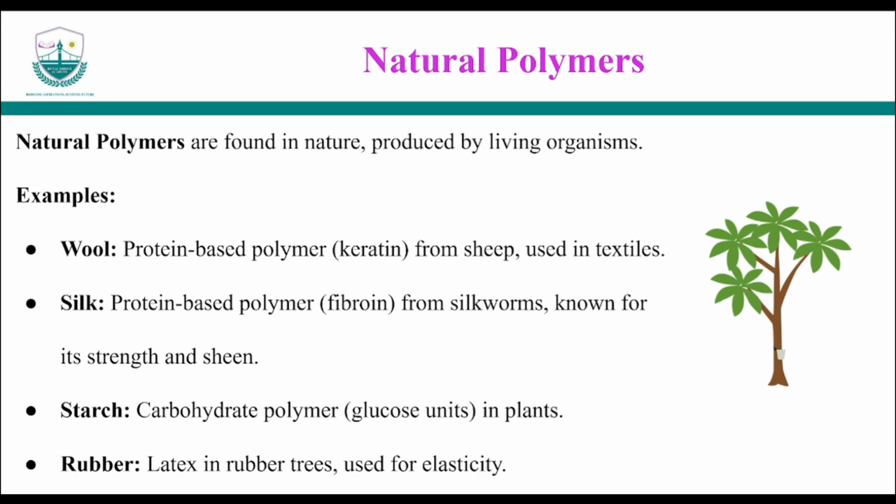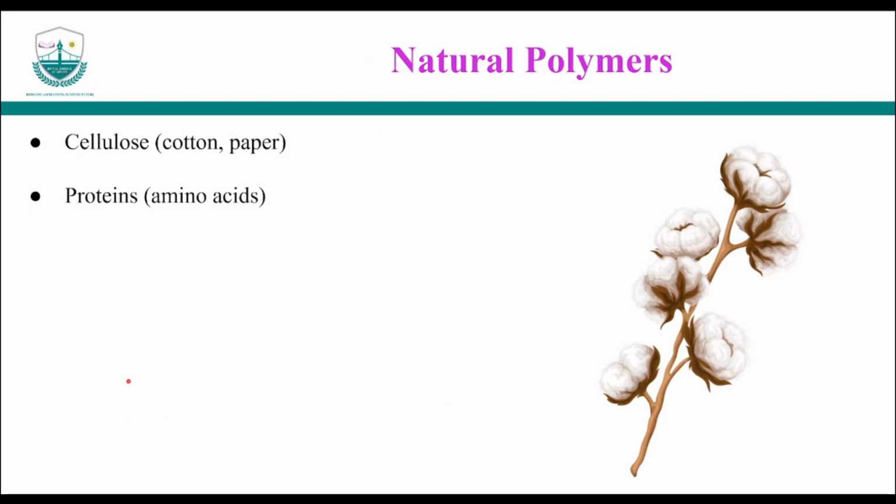Basically, we are saying that proteins are polymers, and under proteins we can have wool and silk. These are proteinous polymers. Plants also have cellulose, which is also a polymer, and I already said that proteins are basically also polymers.